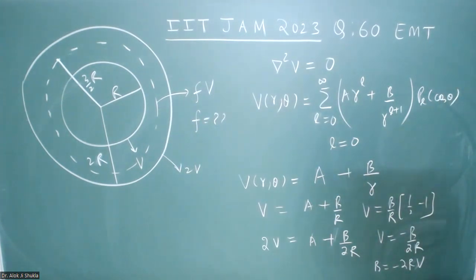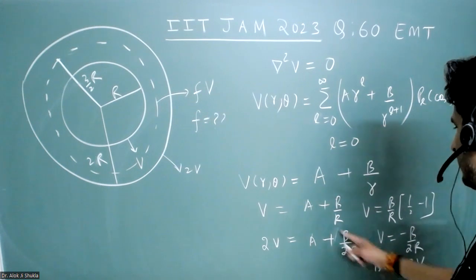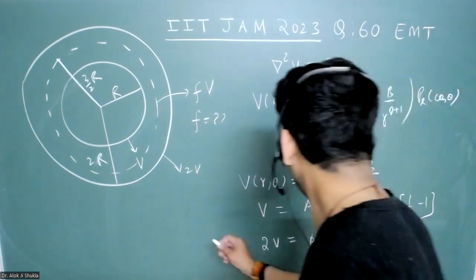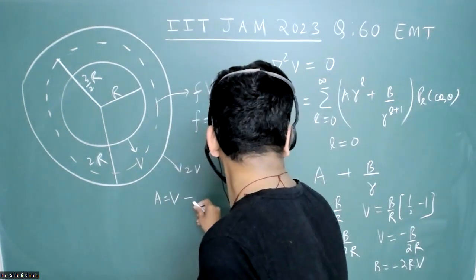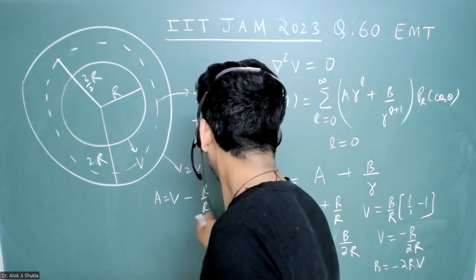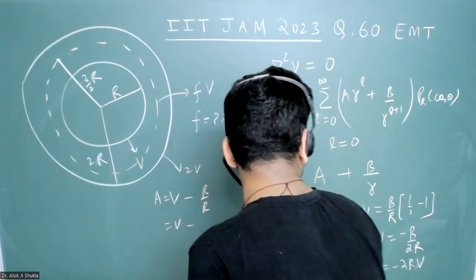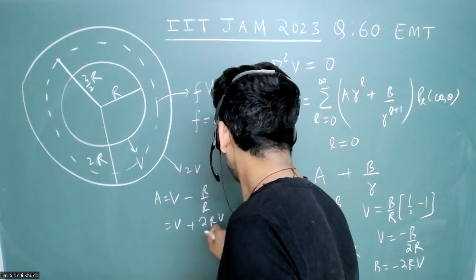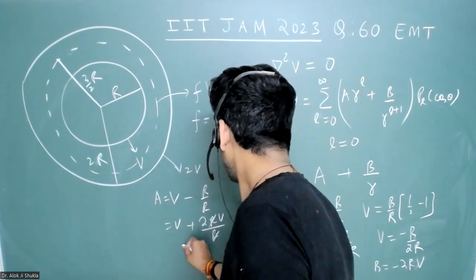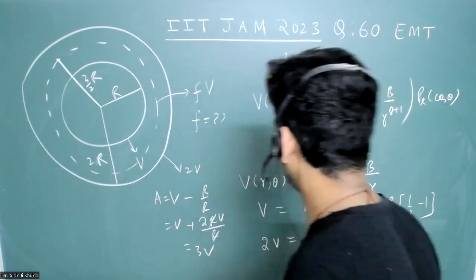And what is the value of A? A is equal to V minus B by R, which is V minus, what is B? It is minus 2RV by R. So R and R cancel, A will be equal to 3V.